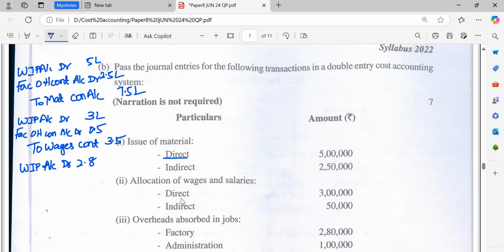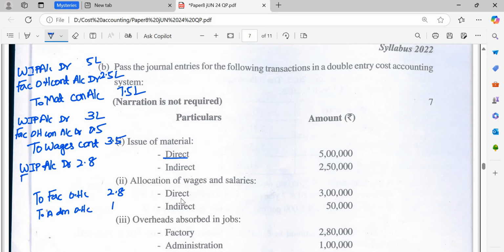Either you mention factory overheads to cash, like that also you can do, or you can combine the entries as well. So for factory overheads, I am using the transfer entry itself. Straight away I am using work in progress to factory overheads control account, 2.8 lakhs. Then for administrative overheads, to administrative overheads control account, that is 1 lakh.